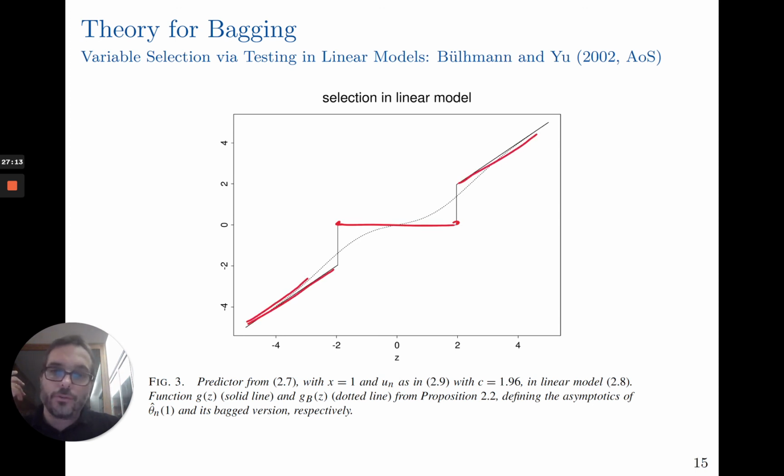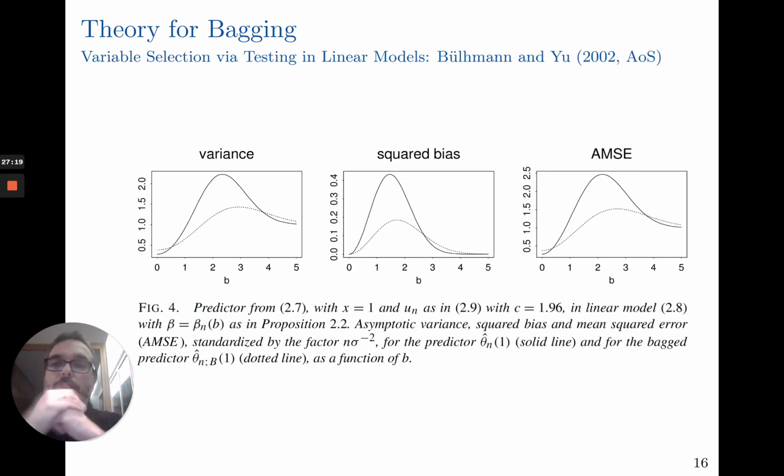What bagging will do is smooth your decision surface, okay? And more important is that picture: for a smallish coefficient, you can have a big reduction in variance.